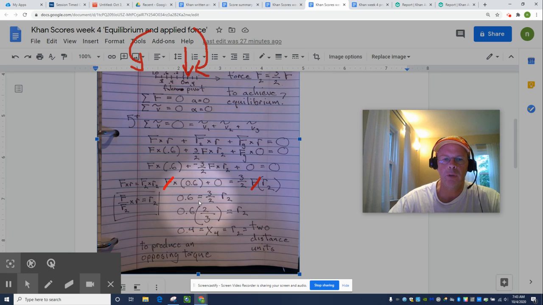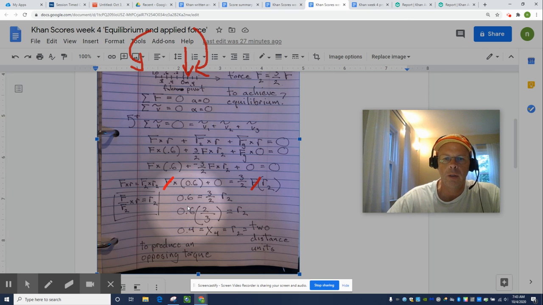And then we have 0.6 equals 3/2 R2. Multiply both sides by 2, divide both sides by 3, or multiply by the reciprocal of this fraction, and you get 2/3 of 0.6, or 3 of their little distance units, is our new radius, where this bigger force should be applied. And that's all you need to know.